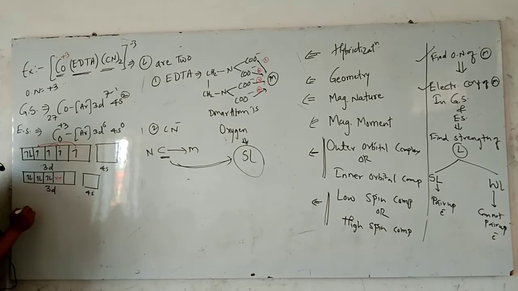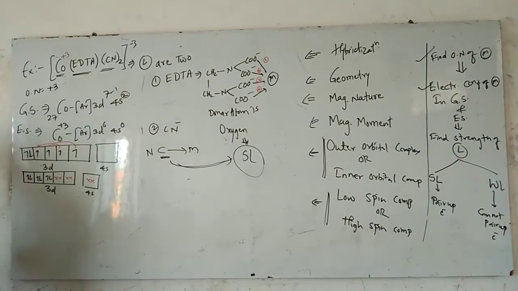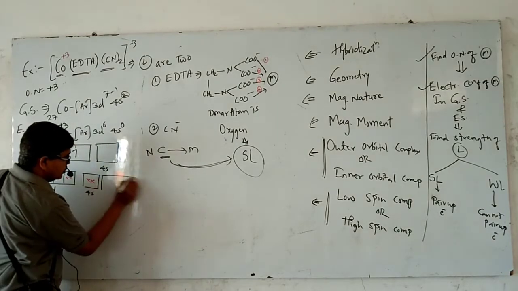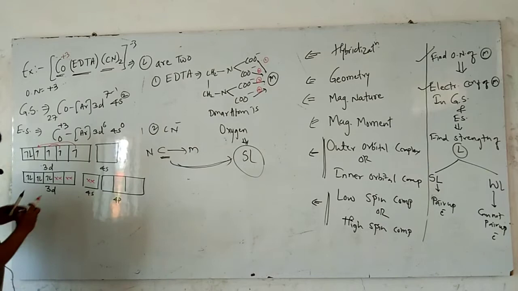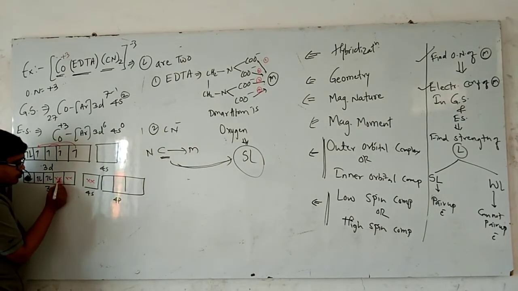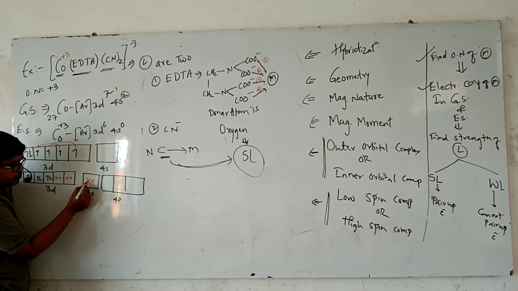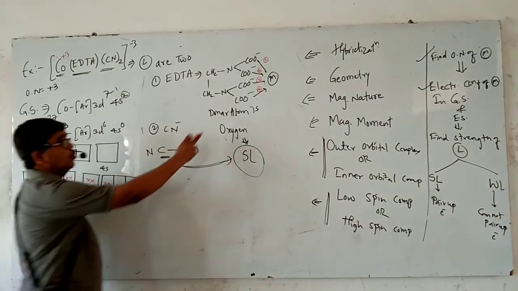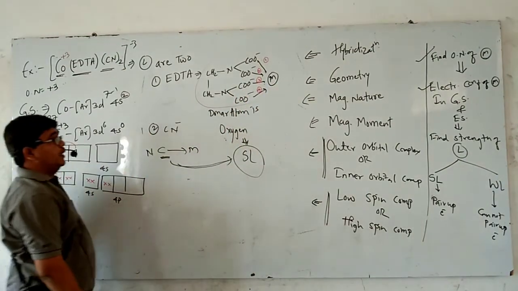So these are the 2 electrons of first bond, 2 electrons of second bond, 2 electrons of third bond. Now next to 4s, there will be 4p. 2 electrons of first bond, 2 electrons of second bond, 2 electrons of third bond, and these 2 are the electrons of fourth bond. So we have filled the electrons of EDTA.